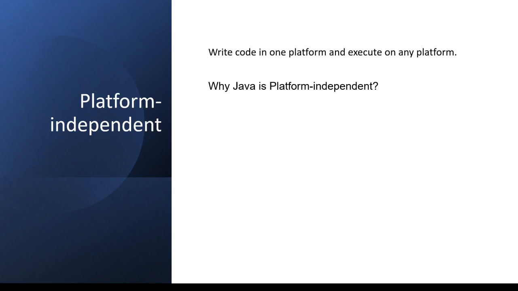So when I compile in Windows and generate the class file, that class file is transferred to another platform, and as Java is already installed there, the interpreter is already available. I will pass this class file as input, and it will be converted and executed. So there is no dependency on platform or OS. This is called platform independent.